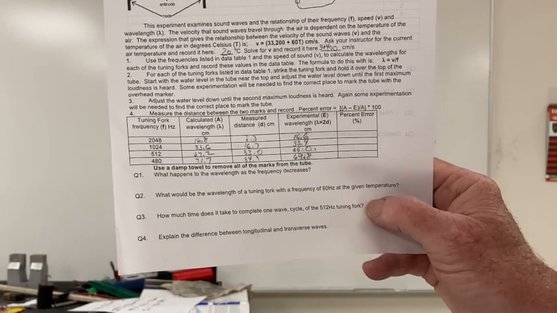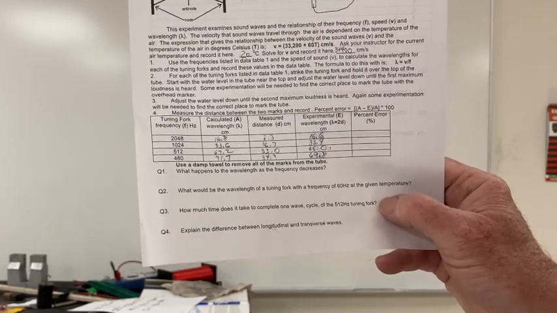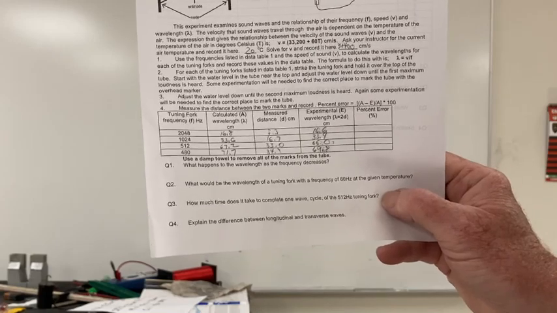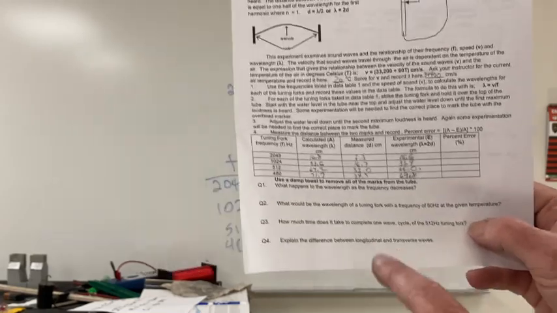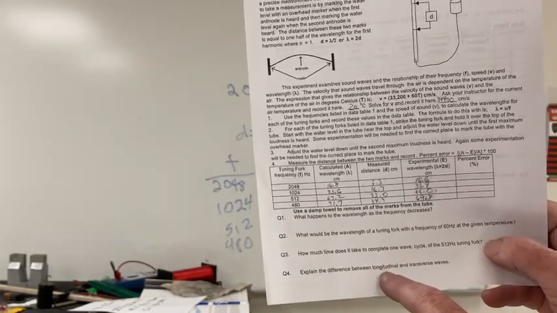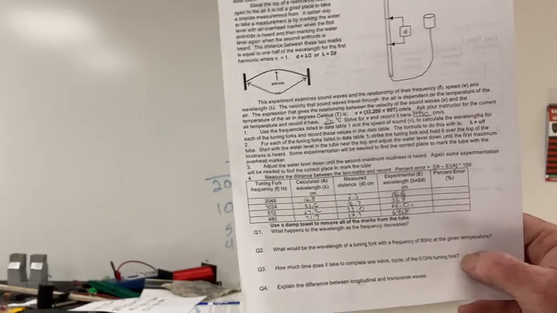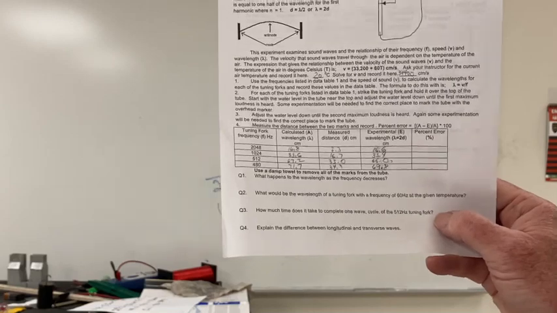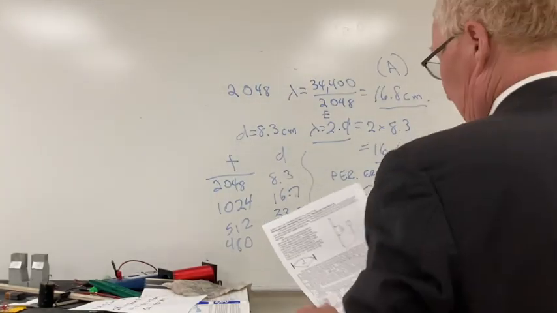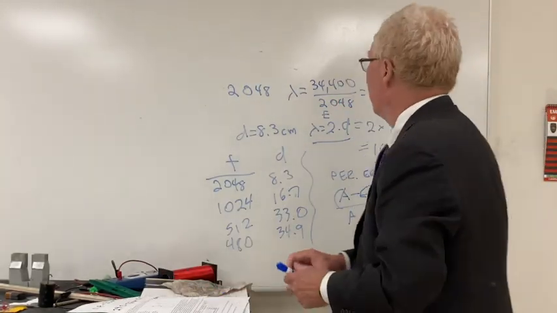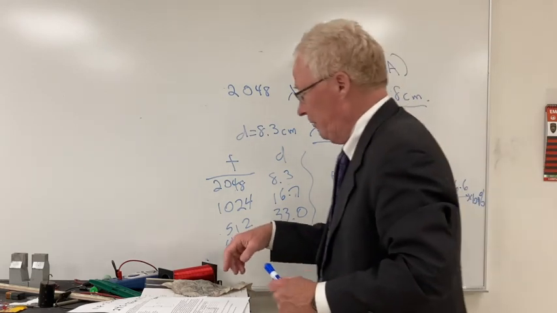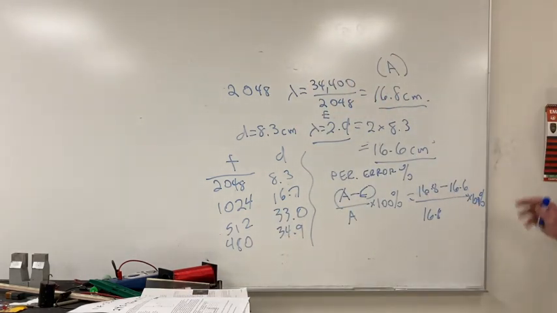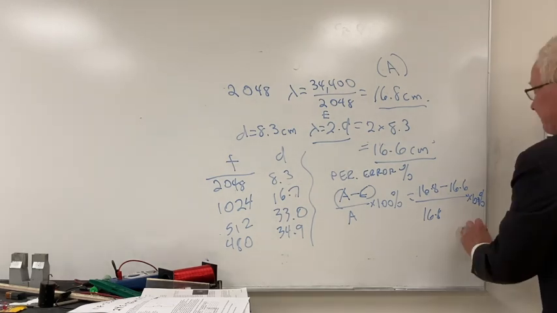Question 2 is what would be the wavelength if we had a tuning fork with a frequency of 60? How much time does it take for one cycle? I'll go through that in a second. And then explain the difference between longitudinal compression waves and transverse waves. What's the difference? And what exactly is a sound wave? What type of wave is that? One question here, as far as the period is concerned. All right, so that's for calculating the lab.